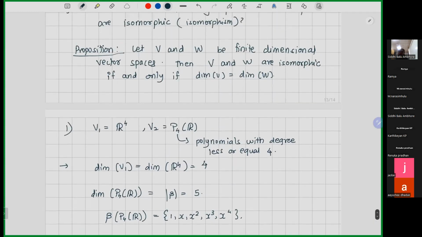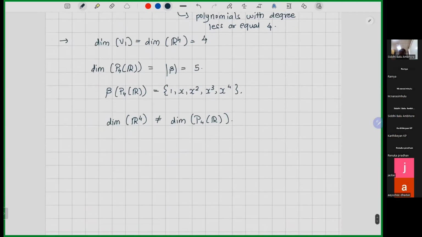So from this proposition, we can say that R4 is not isomorphic to P4R. Karthikeyan said that the dimension of P4R is 5. When I say that R4 is not isomorphic to P4R, I mean there does not exist any bijective linear transformation from P4R to R4.